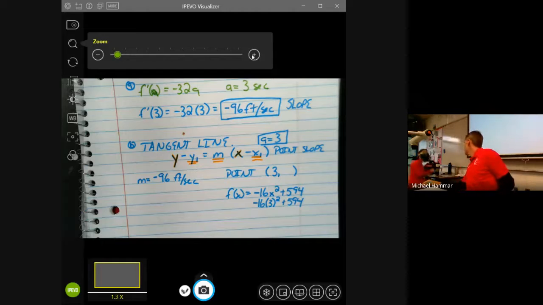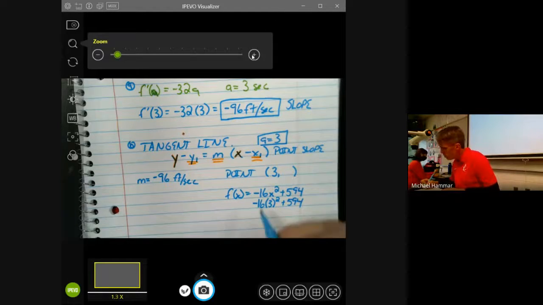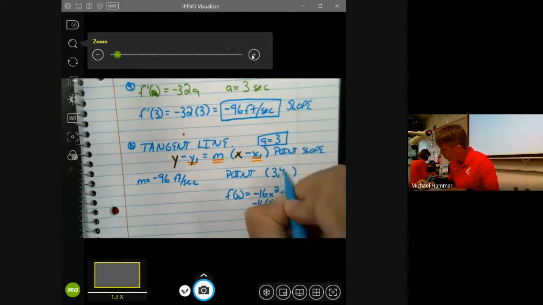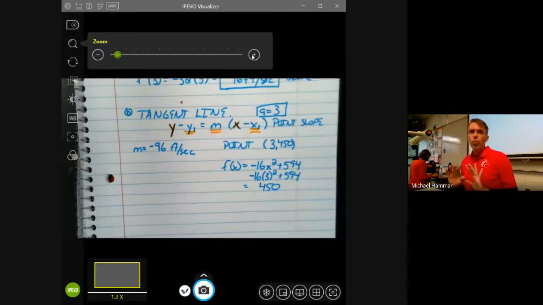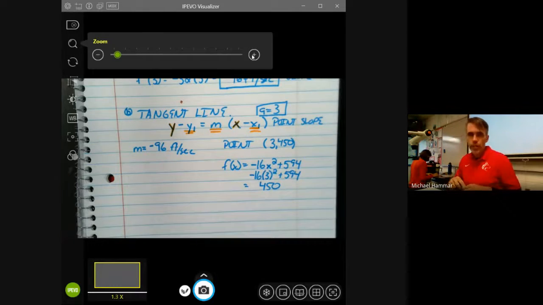Could you do this, negative 16 times 9 plus 594? 450. So our y value is 450. We now have a point and we now know the slope. So now you need to figure out the equation of the tangent line.